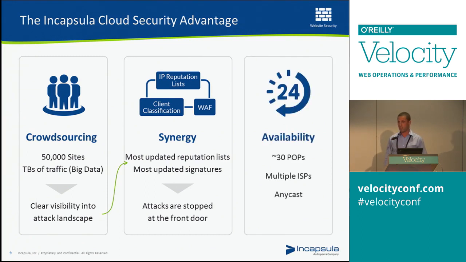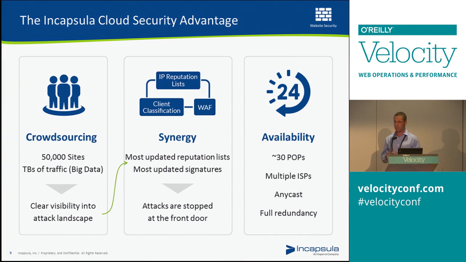Last but not least, availability. When you have a really smartly constructed cloud, for example, Incapsula has around 30 POPs, the redundancy is enormous. You have redundancy within each data center, redundancy between data centers.